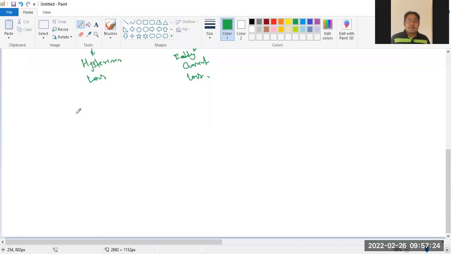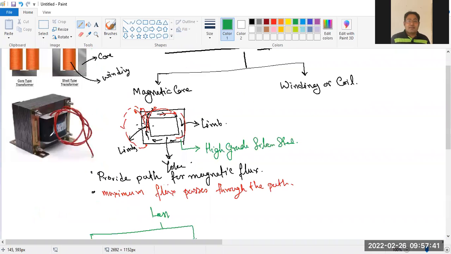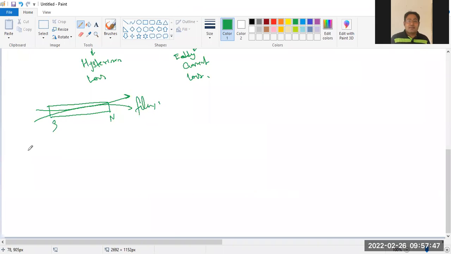First, this is the magnet. Whenever a flux is induced in it, it becomes a magnet, so this is the north pole and this is the south pole. But you can see we are applying AC current, which is sinusoidal.